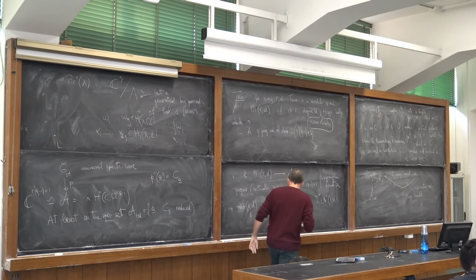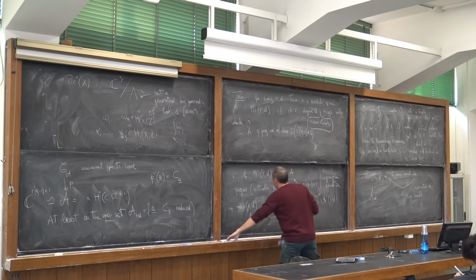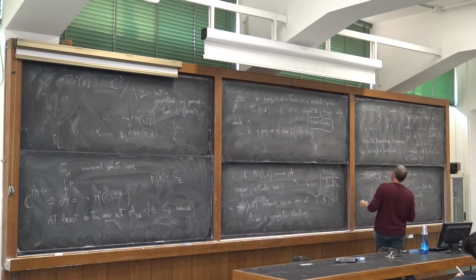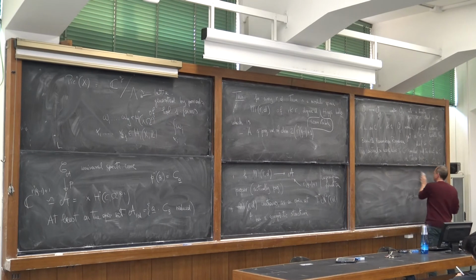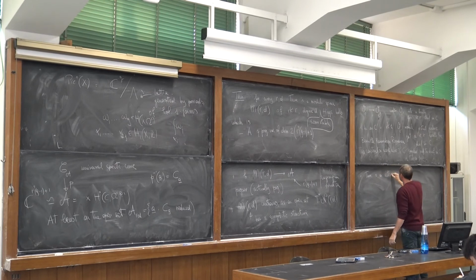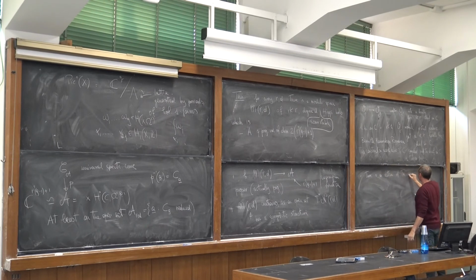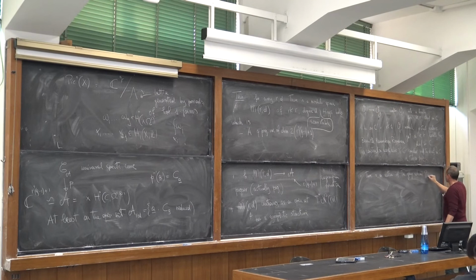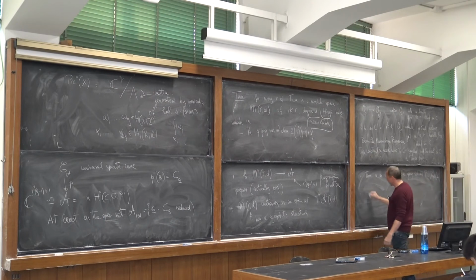And actually, there is an action of the relative group scheme over A. So an action fiber by fiber, and this action is Hamiltonian.